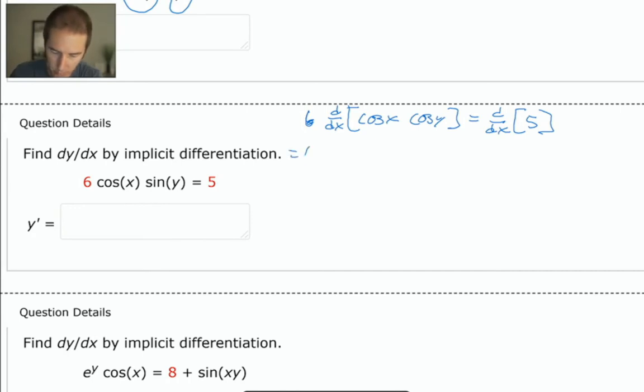So this is equal to 6 times. I'm going to keep my first factor, cosine of x, and then I'm going to multiply by the derivative of the cosine of y. The derivative of cosine is negative sine, so I'm multiplying by negative sine y, and then I have to multiply by the derivative of y with respect to x.